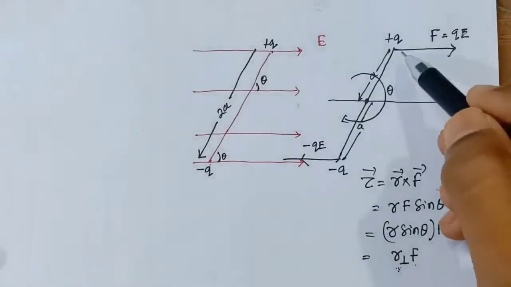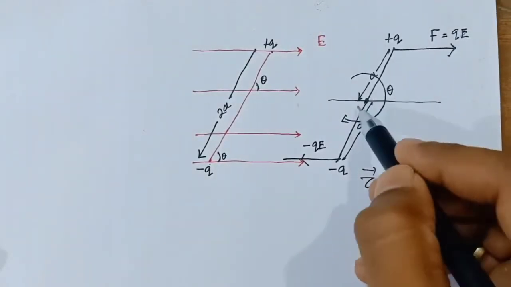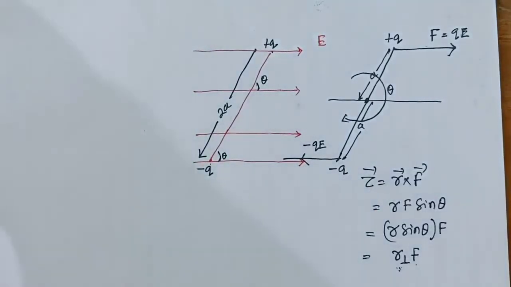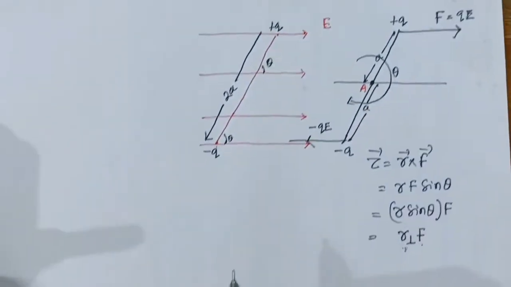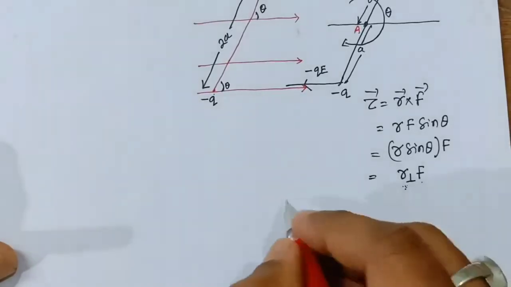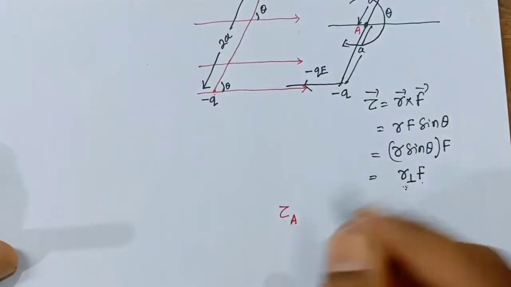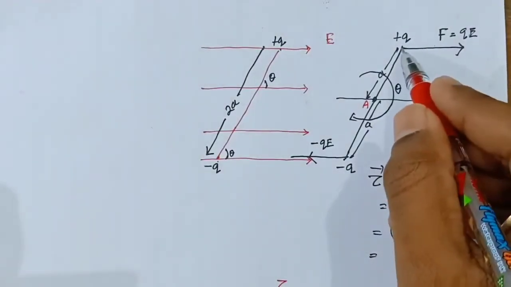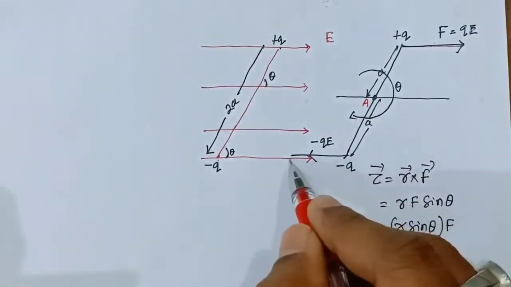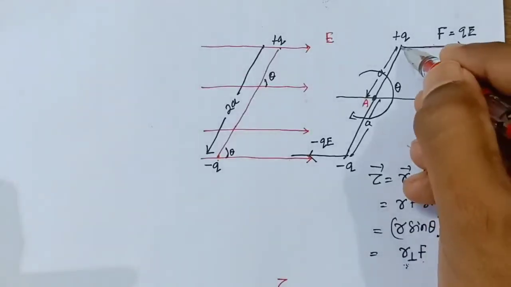If I find the torque about this point, I am just giving it a name: A is suppose a point. If I write the torque about point A, the torque is due to this force and due to this force. And what is the perpendicular distance?